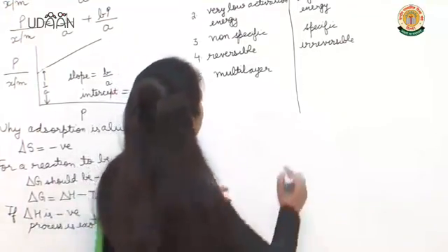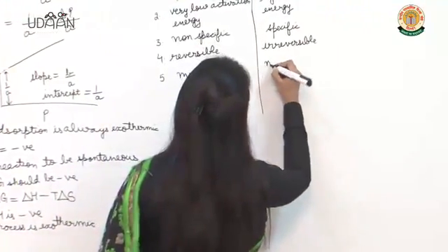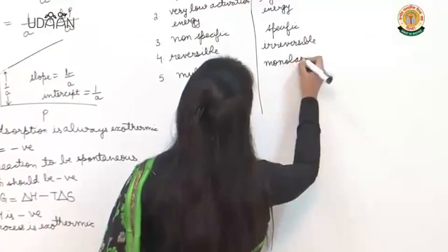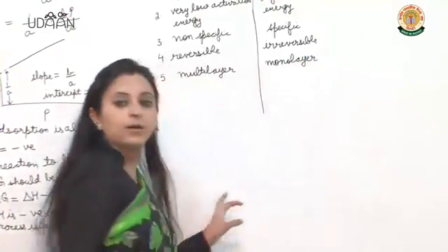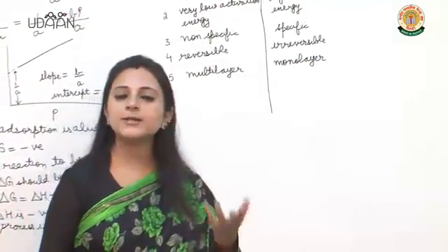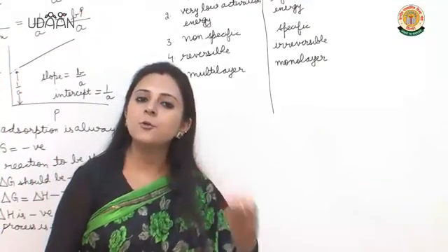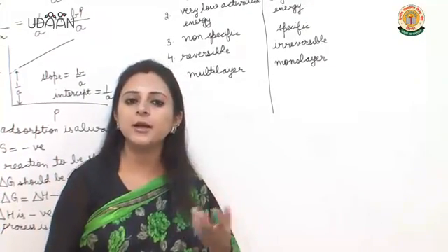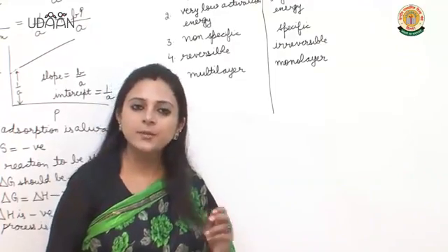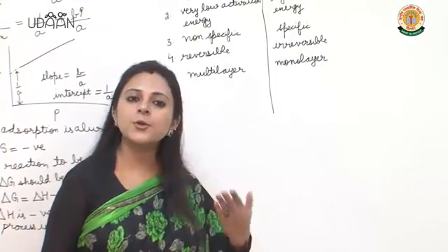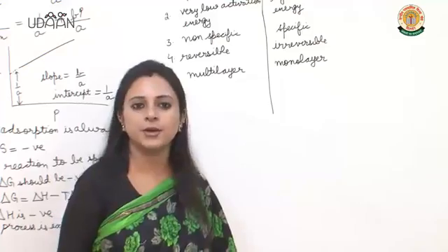But when we talk about chemical adsorption, we say that it is monolayer, because once the adsorbate has reacted with the adsorbent, no other adsorbate can now come and react with that adsorbent. Once a reaction has happened, a second reaction cannot happen on top of it.